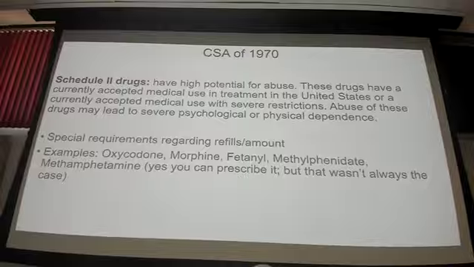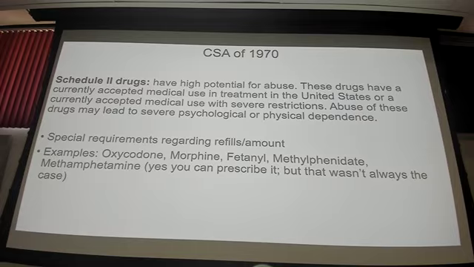Schedule 2, these drugs have accepted medical value, but they're severely restricted because they also have a high abuse potential. Some examples include morphine, methylphenidate, and methamphetamine, which we can prescribe now, but that wasn't always the case.